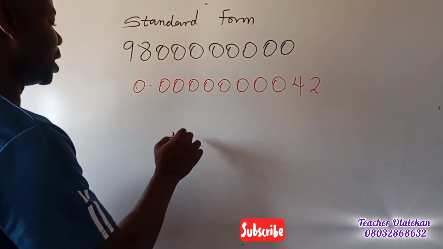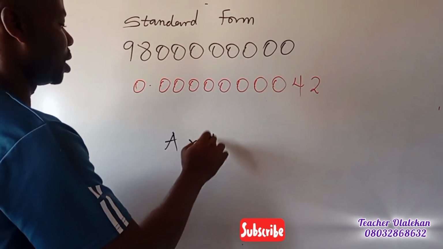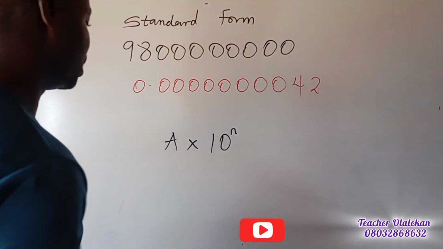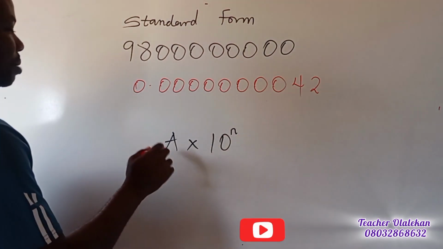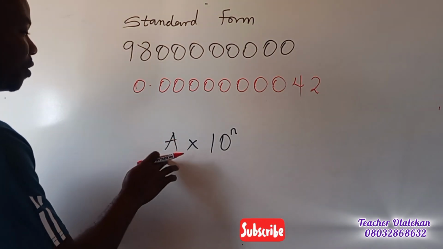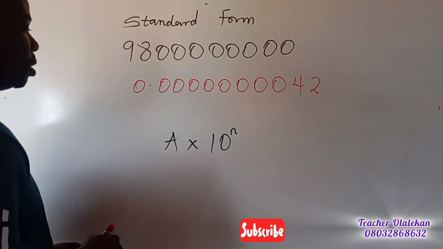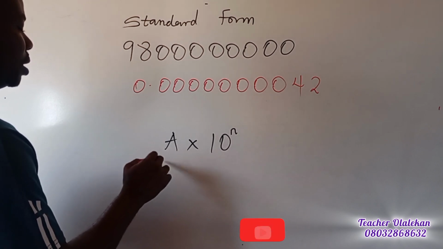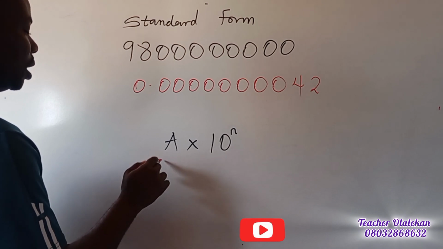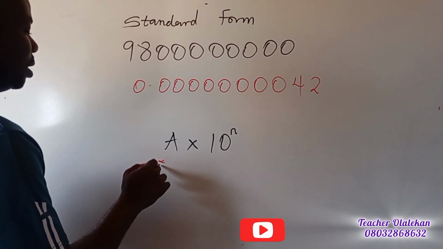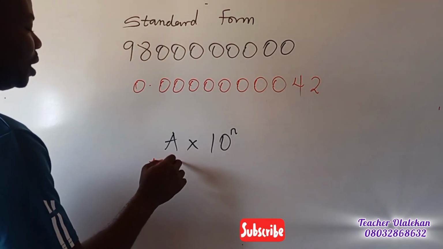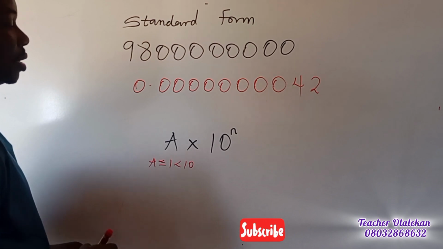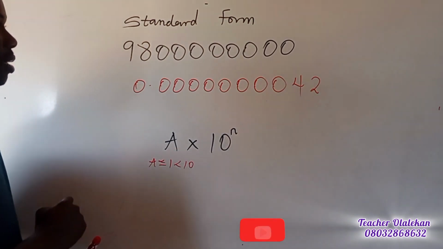The rule says A times 10 raised to power n, where A is the base, that is the coefficient of the figure. A is expected to be greater than or equal to 1 and also less than 10. So A is not expected to be greater than 10.